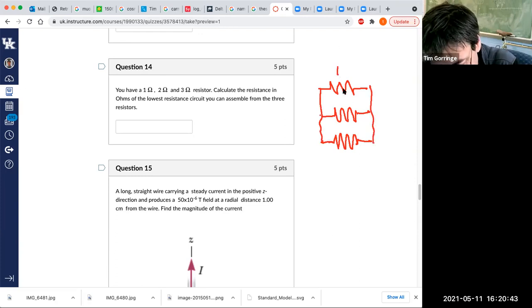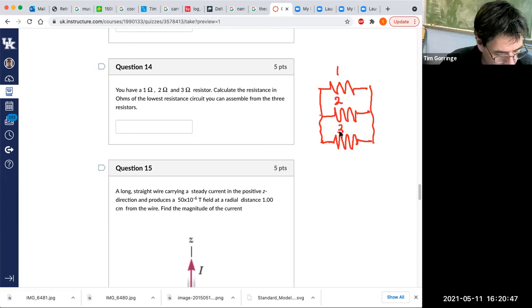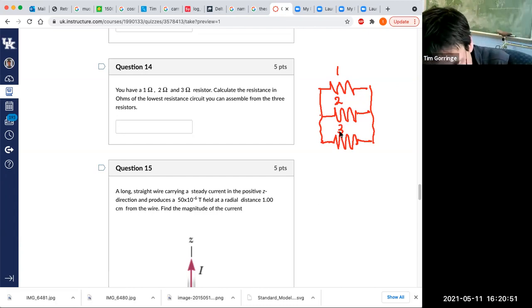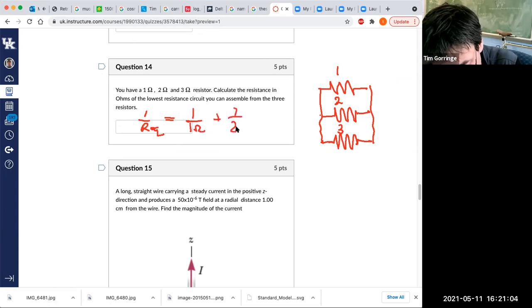So this is the arrangement: 1 ohm, 2 ohm, 3 ohms. And so we just got to find out the equivalent resistance of this circuit. 1 over that equivalent resistance would be the sum of 1 over the 1 ohm resistor plus 1 over the 2 ohm resistor plus 1 over the 3 ohm resistor.